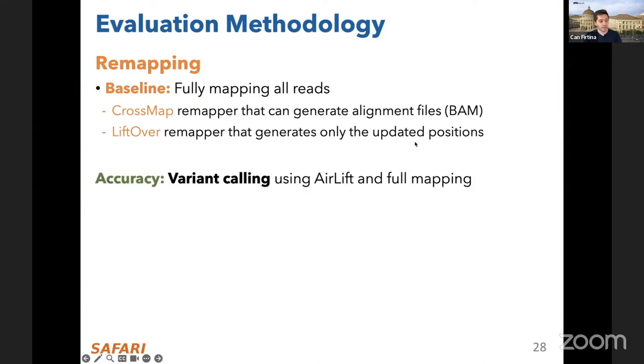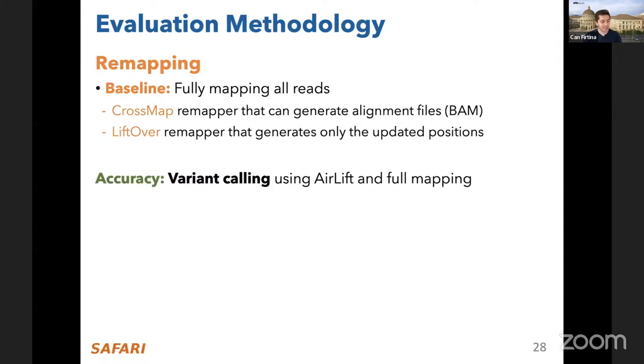To calculate the accuracy, after remapping, we perform variant calling using AirLift and full mapping. We cannot use CrossMap or Liftover for variant calling, because they cannot generate BAM files that can work with the downstream analysis.